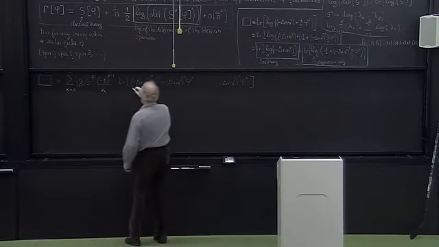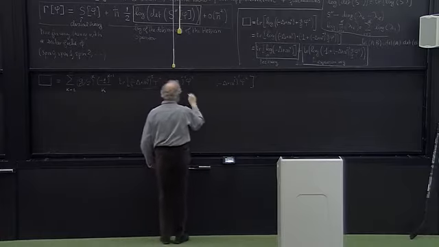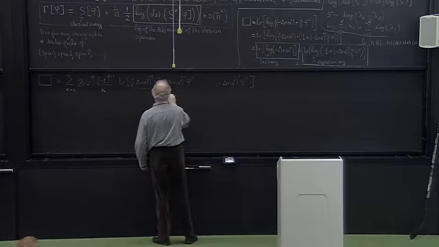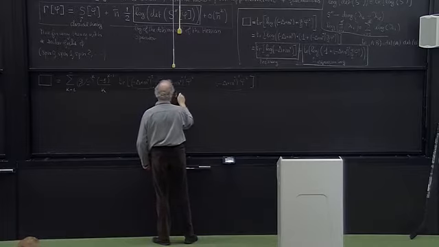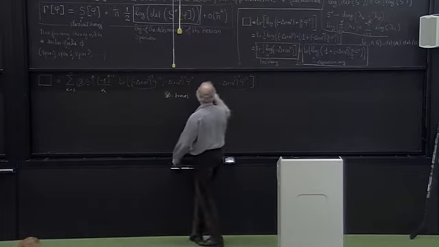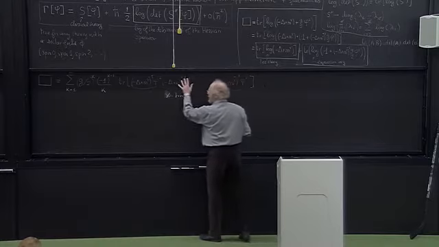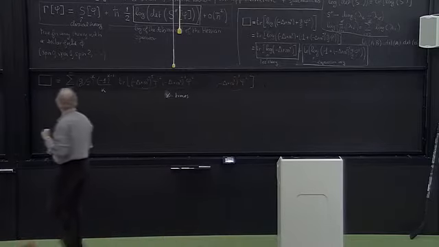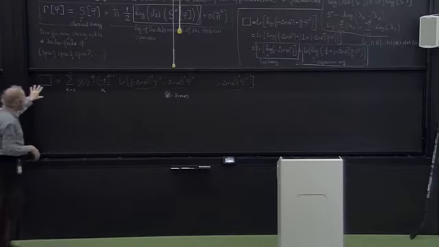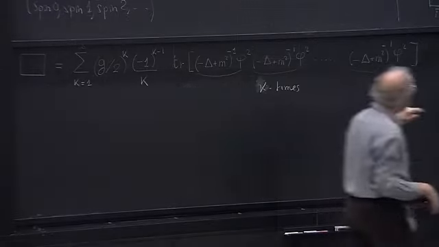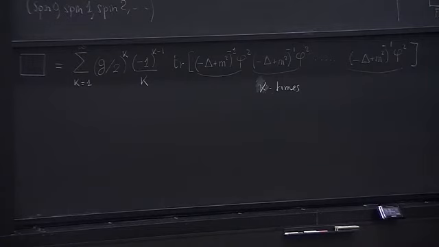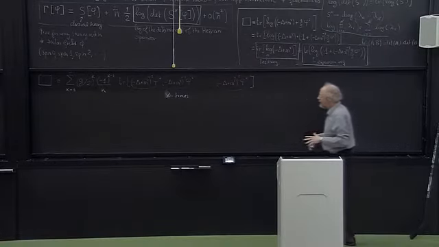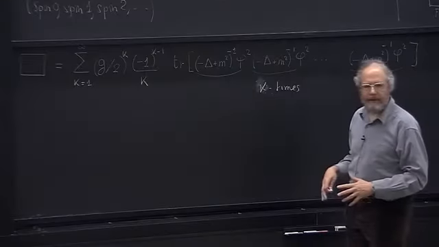Each of these blocks is repeated k times, so you have k copies of this operator. Okay, so this is a series expansion in g for this term in the effective action. So we have a trace of a product of operators.